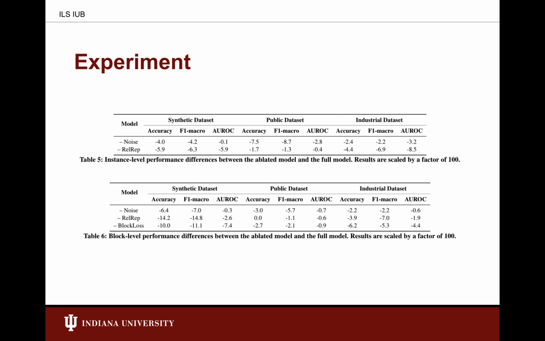And block loss is a part we used in the inference part. For the anomaly inference for blocks, if we remove the block loss, you can see that the decrease is also a lot, meaning that the block level generator and the discriminator is useful for block anomaly identification.